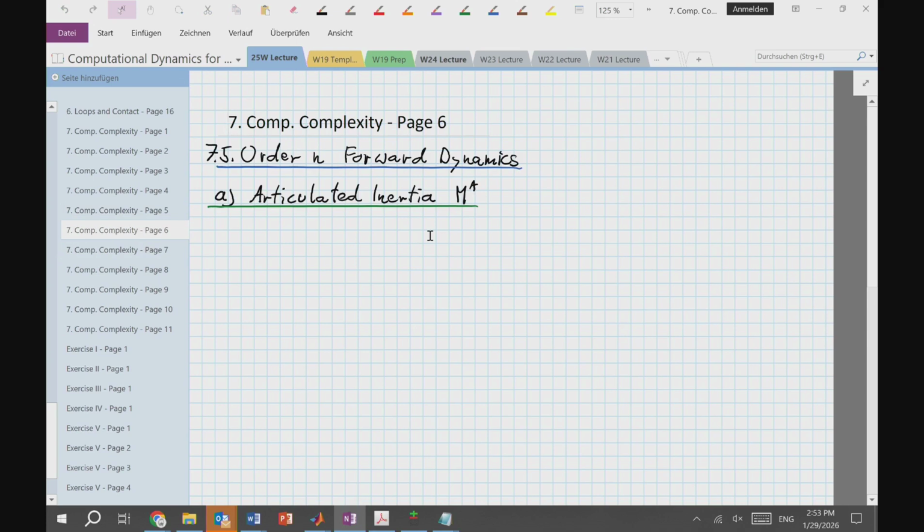If you cheat a little and look on the next page of your templates, you see that there's something called the order n forward dynamics. So there actually exists an algorithm that allows you to do forward dynamics in linear time, whereas everything we discussed so far requires inversion of a mass matrix.